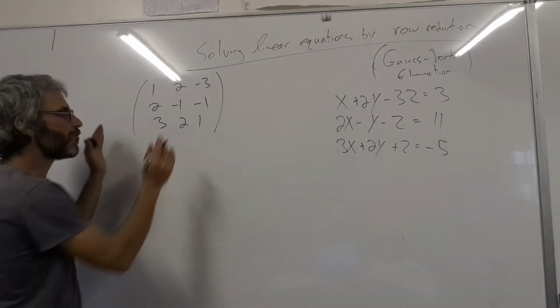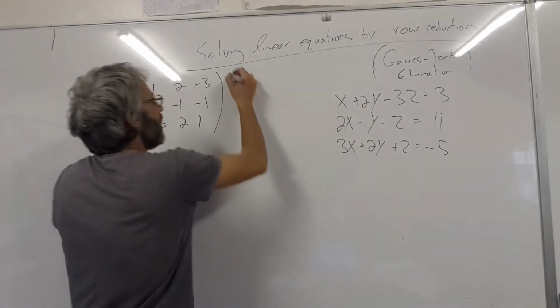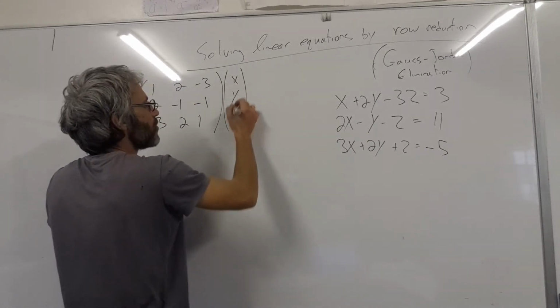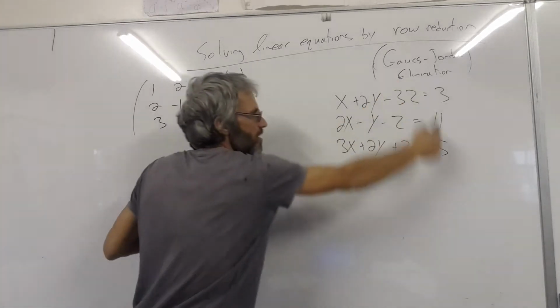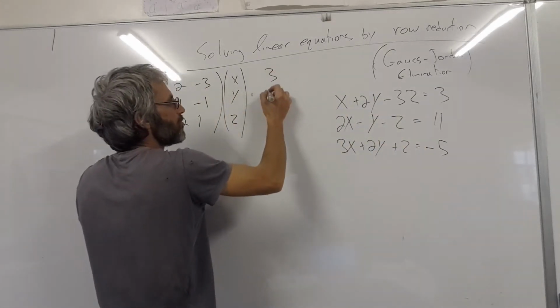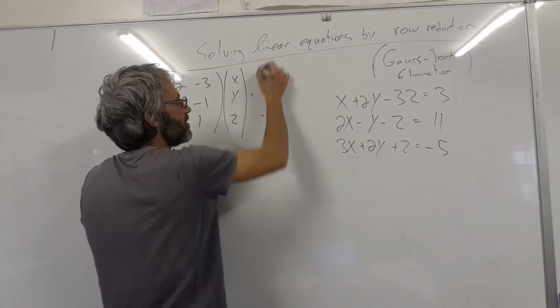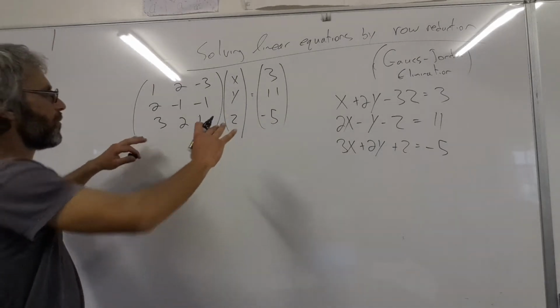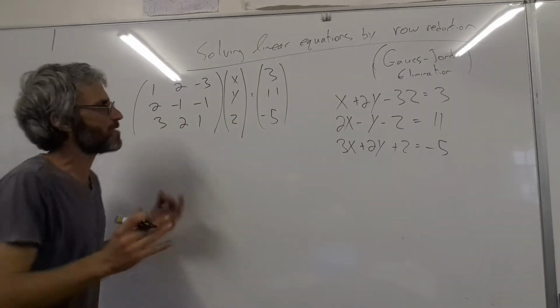That's just the coefficients. And if we multiply by a column matrix of the variables, x, y, z, that's going to be equal to the column of the solution, 3, 11, minus 5. We're writing this as a matrix equation.